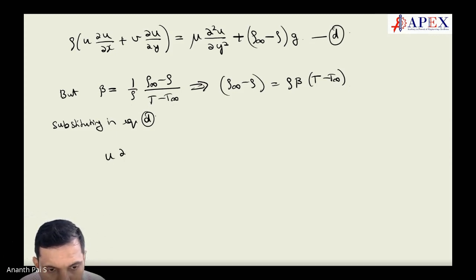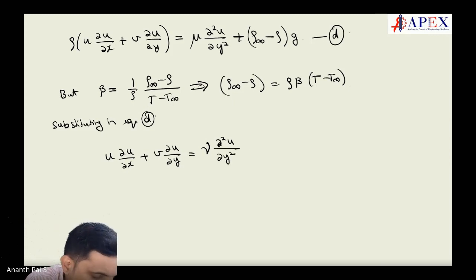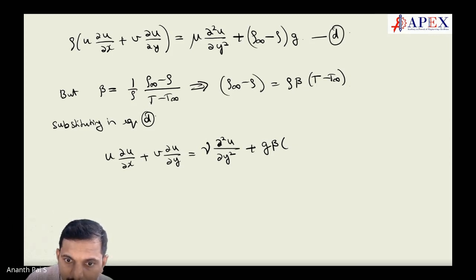U into dou u by dou x plus v dou u by dou y is equal to nu into dou square u by dou y square plus g beta into, not rho beta, g beta into, wait a minute.